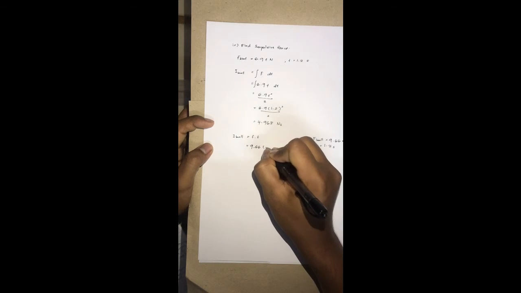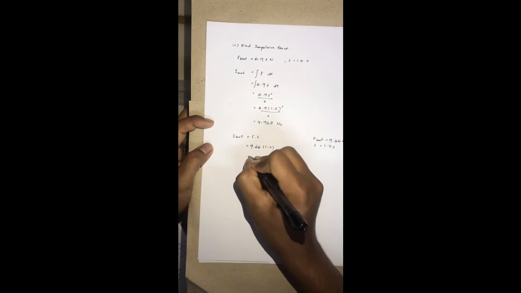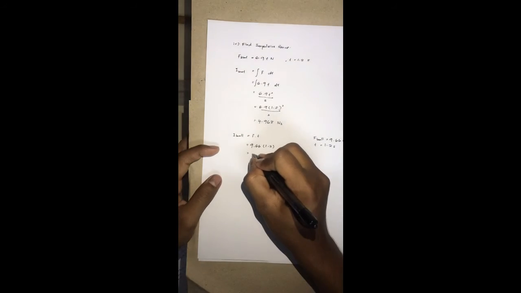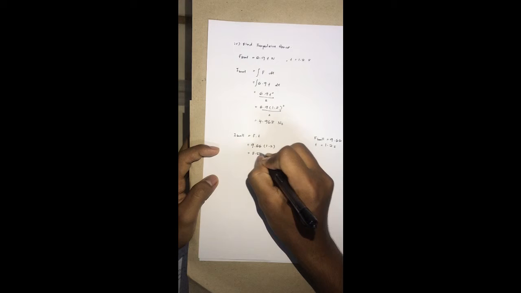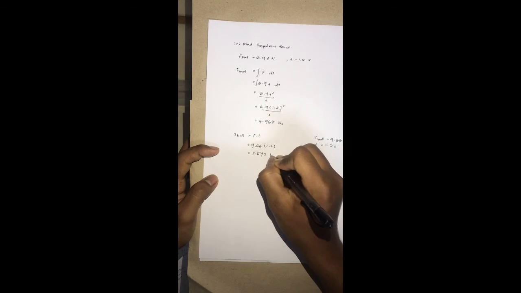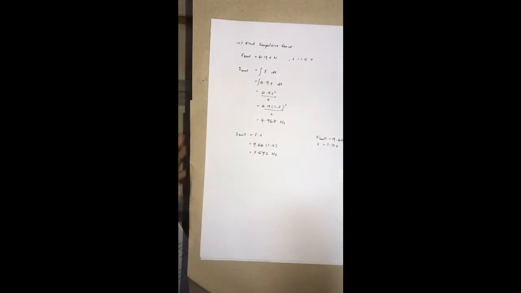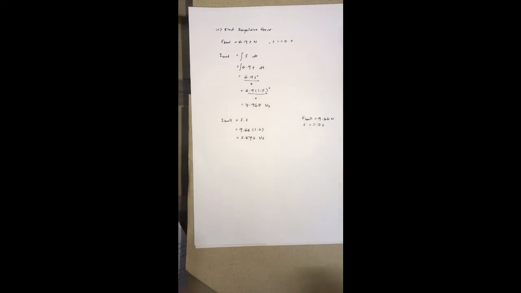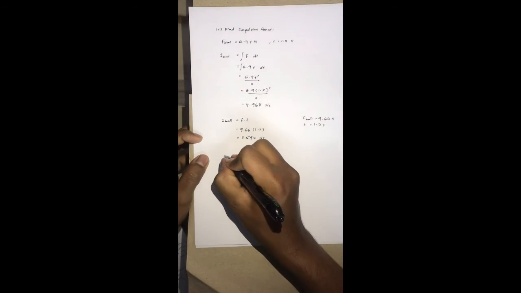Just multiply F with t and we get the answer. The impulse of the ball is 11.592 Newton second.